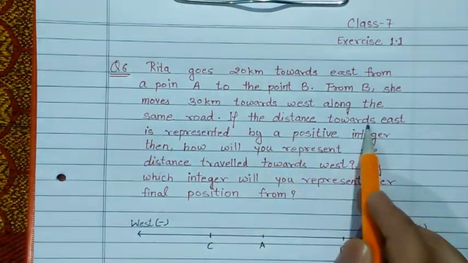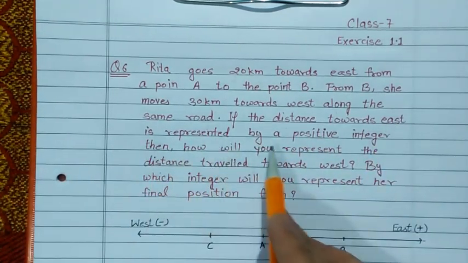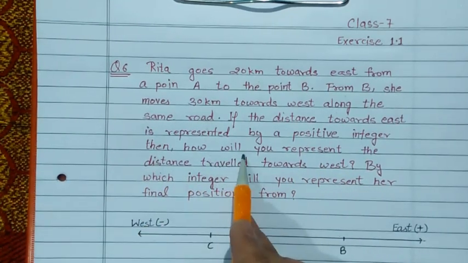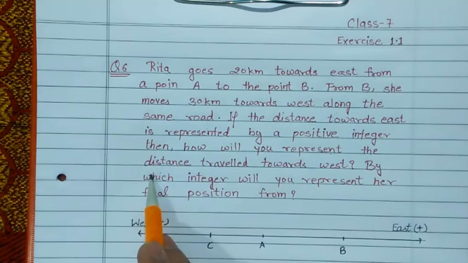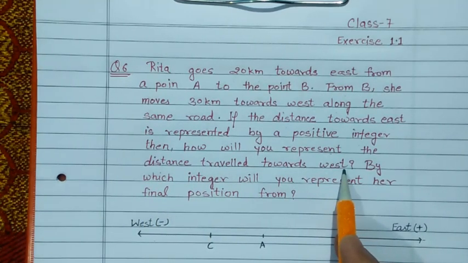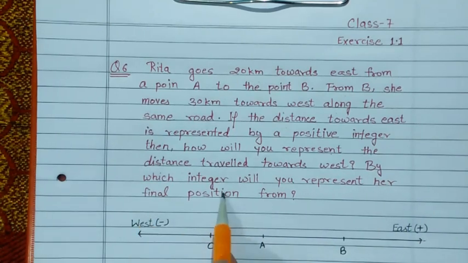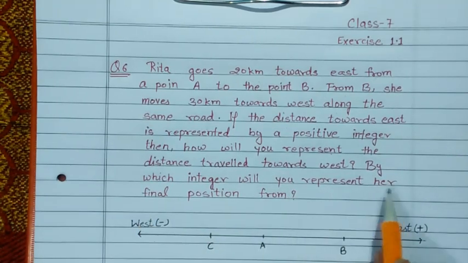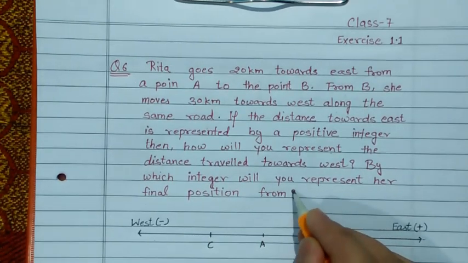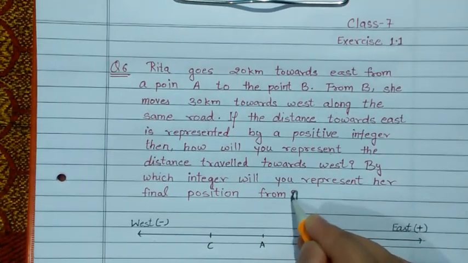If the distance towards east is represented by a positive integer, then how will you represent the distance traveled towards west? By which integer will you represent her final position from A?